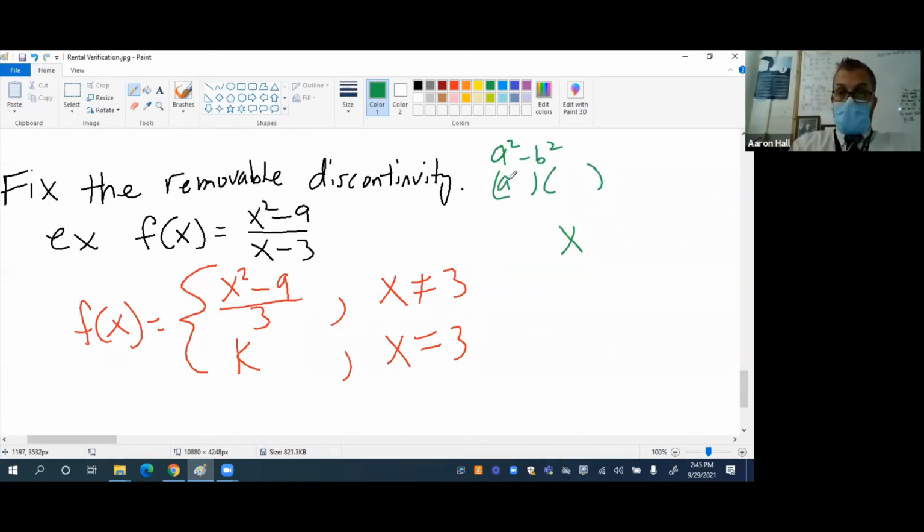A plus b and a minus b. So this is our difference of squares here, x squared minus 3 squared. So our factored form is going to be what? Riley, one more time. x plus 3 and x minus 3.